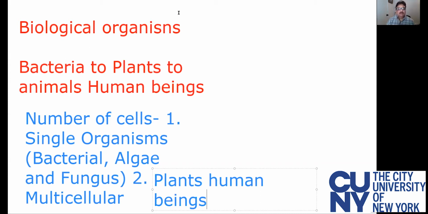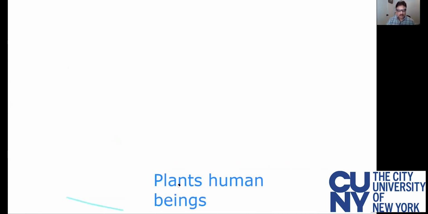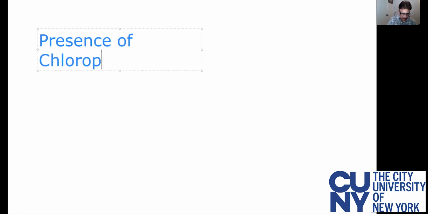Second way we can organize is through, let's say, presence of chloroplast. If chloroplast is present, then these are plants.